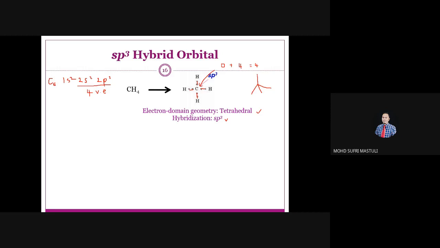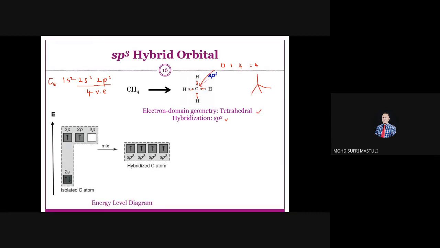But how about the valence bond theory? Which orbitals are involved in the formation of bonding? So first, after we write the electronic configuration and identify the valence electrons, we have to draw the energy level diagram for the isolated carbon atom. From here, we know the valence electrons are 2s2 and also 2p2. If we don't proceed with the hybridization, only 2 single electrons are available to form the covalent bond.